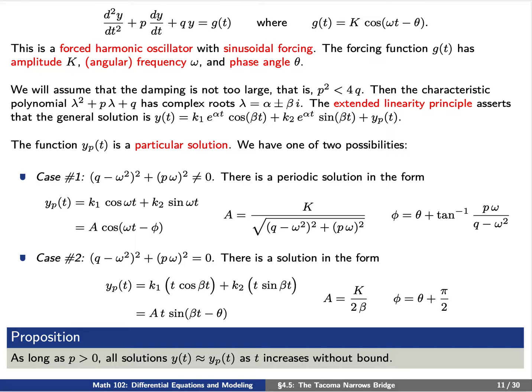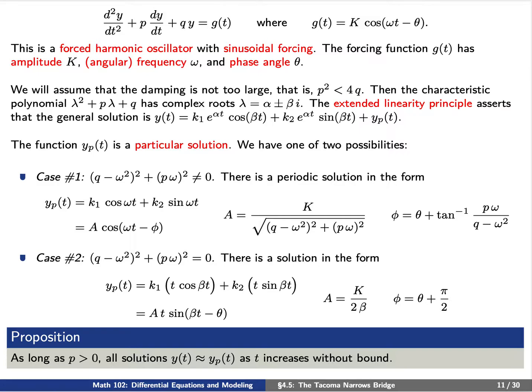First, let's say that (q − ω²)² + (pω)² does not equal 0. Then there is a periodic solution of the form y_p = A cosine(ωt − φ). We can express A and φ in terms of the expressions you see on your screen.